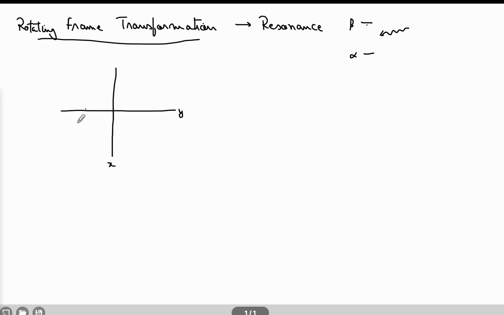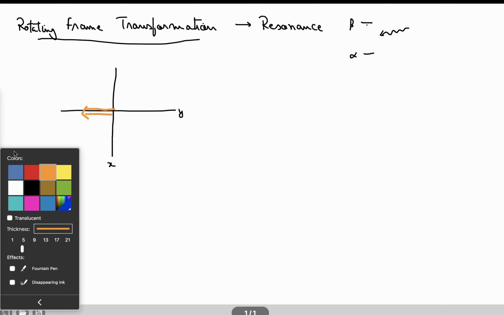Now my magnetization is along minus y, and it precesses about the z-axis, something like this. So it keeps on rotating in this manner.